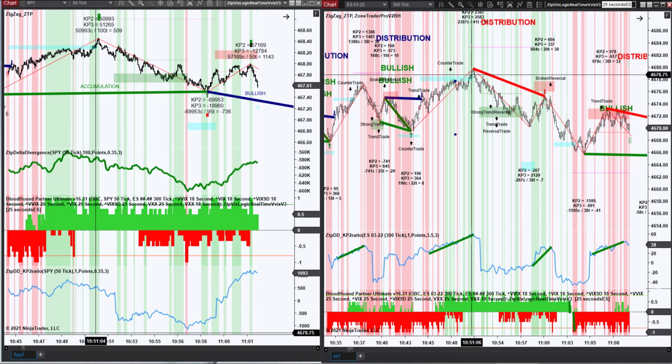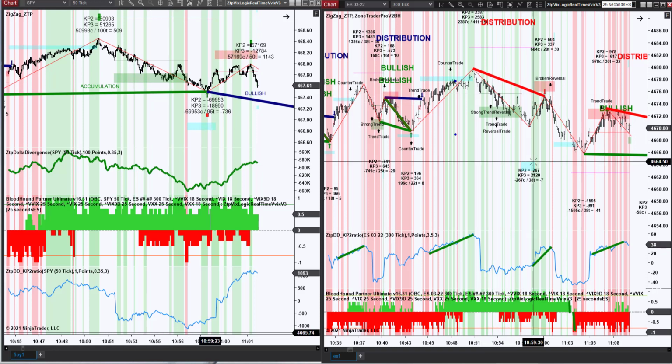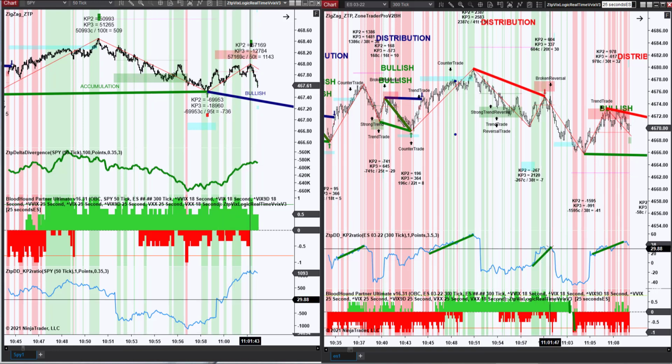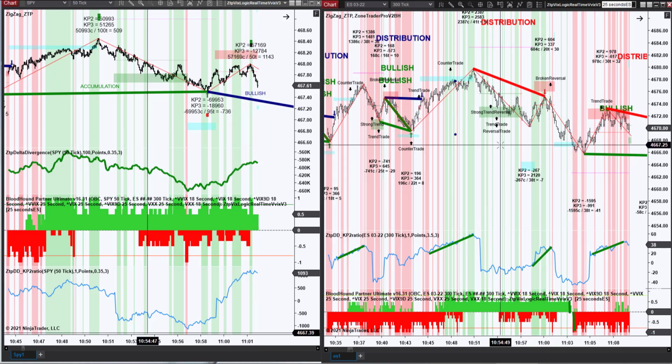So going into the trade right here, we had actually the most resistance. And that is why I decided to pass on taking the strong trend trade from this location. And when I saw the resistance build into here, I took that and got short.